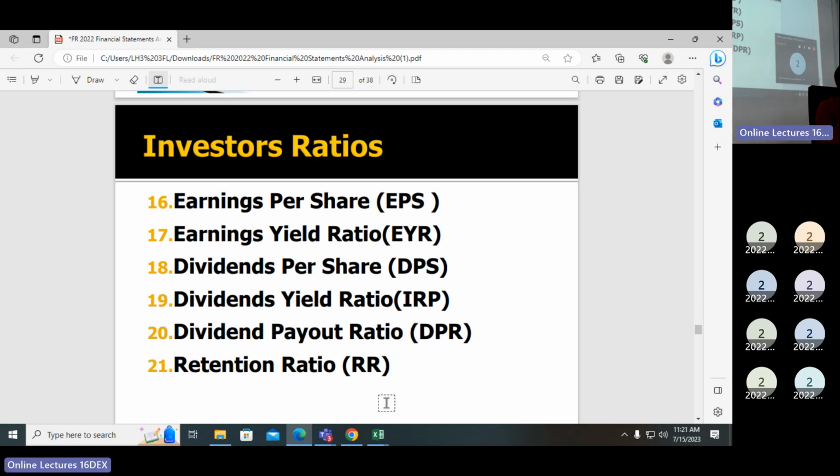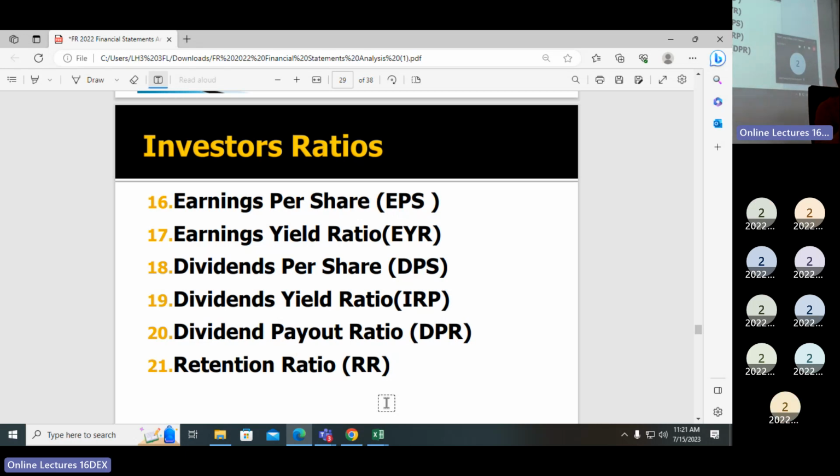The ratios that investors are concerned with when they make investment decisions, especially relating to the return. Because all the ratios we discussed up to now will be considered by investors when they make investment decisions.